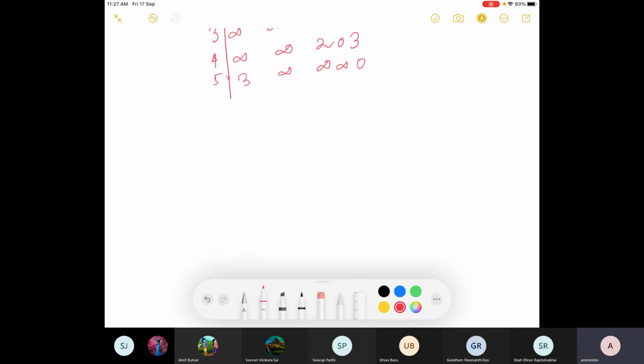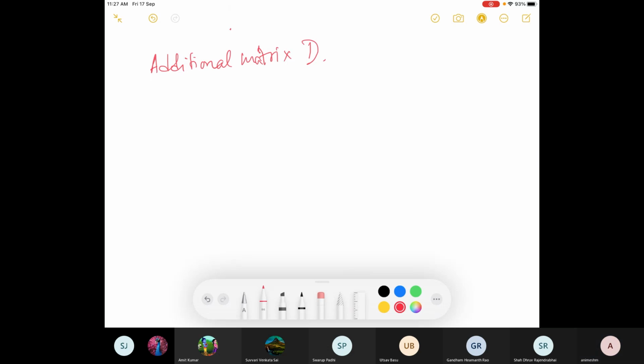Okay. So I define an additional matrix D. And how is D defined? D is defined as follows.